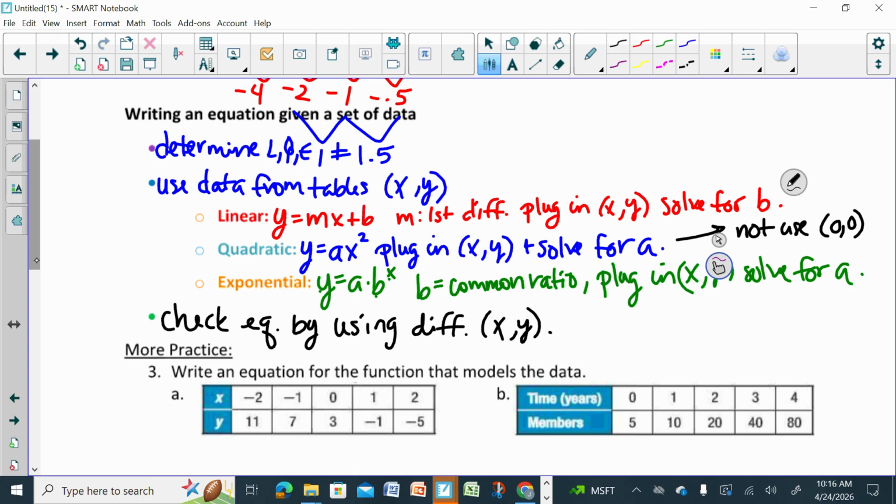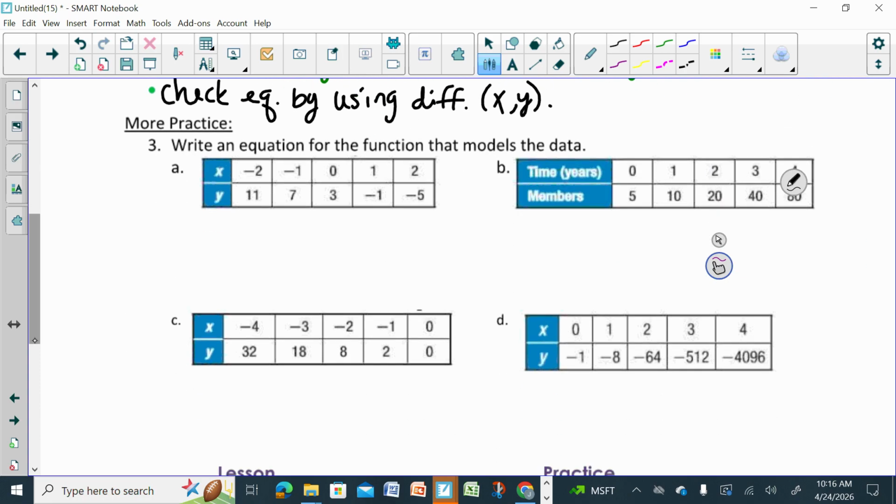All right, so let's go ahead and try this a little bit. So for part A, I'm wondering if it's linear, quadratic, or exponential. So using my calculator here, I've got -5 minus -1 is -4.